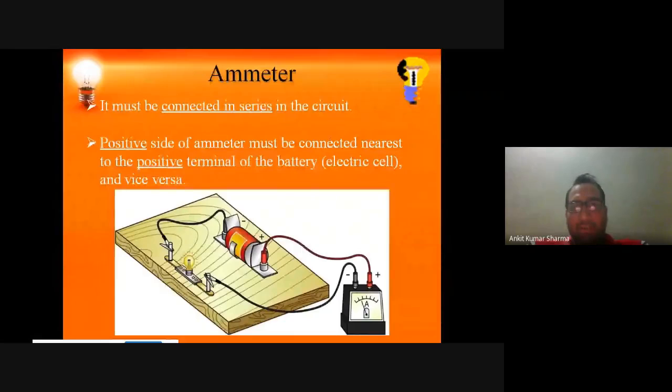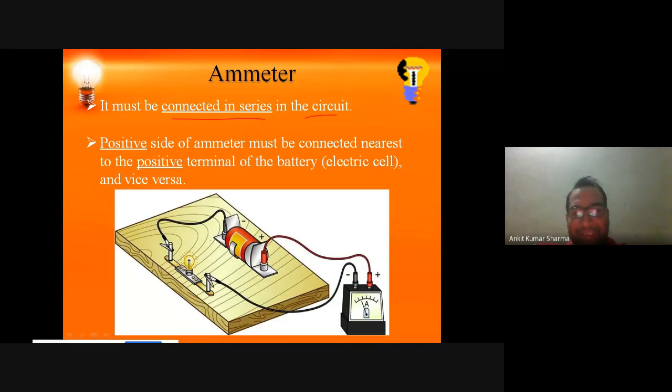Okay, so the first one we study is the ammeter. It must be connected in series. The ammeter is always connected in series in the circuit.